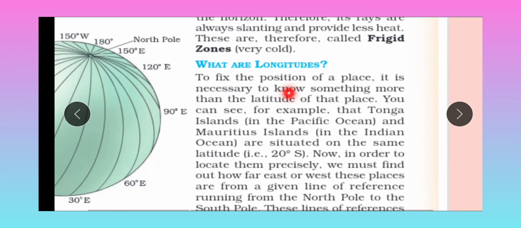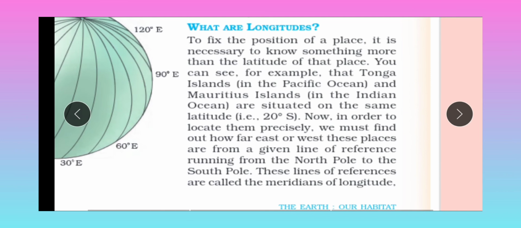Next, what is longitude? To fix the position of a place, it is necessary to know something more than the latitude of that place. You can see, for example, that Tonga Island in the Pacific Ocean and Mauritius Island in the Indian Ocean are situated on the same latitude, 20 degrees south and 20 degrees north.